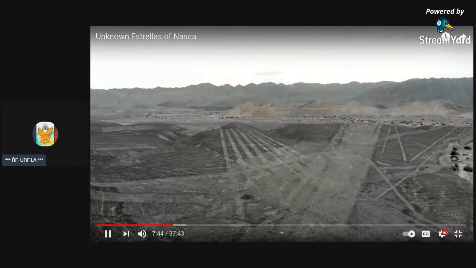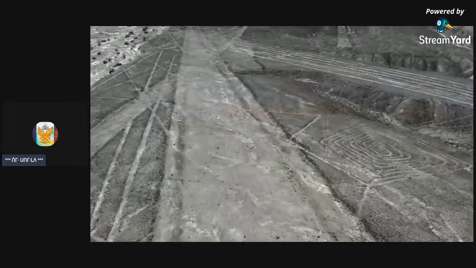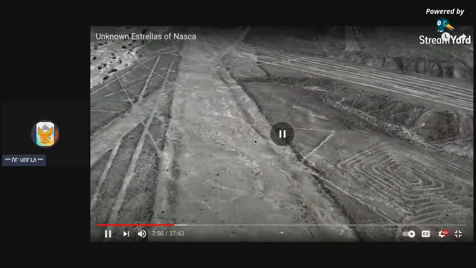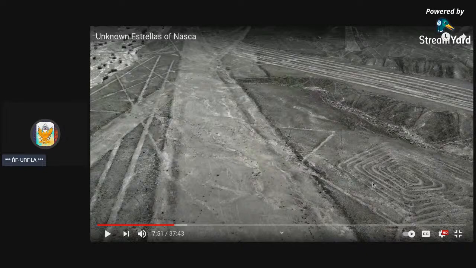In both cases, the design of each creation can only be spotted from the air. And see what those spirals are right there? What that could be is something as far as the aqueducts. This could have been areas where they were actually getting ready to build things like aqueducts. Maybe the animals and things like that could have been some type of designs for the actual aqueducts themselves.